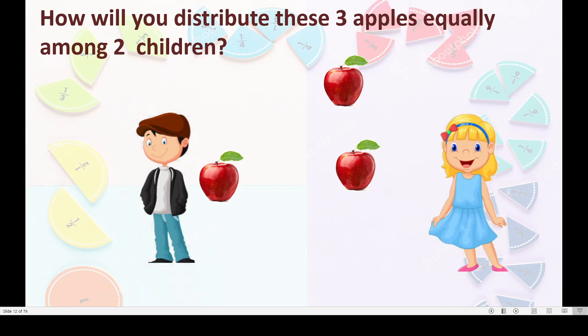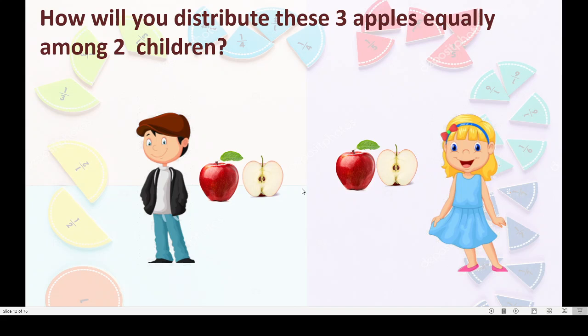Yes, very good. We will cut this apple into 2 pieces. Correct. Half, half. Now we will give the first half to this boy and this half to this girl. Very good. Both are happy. See their faces.